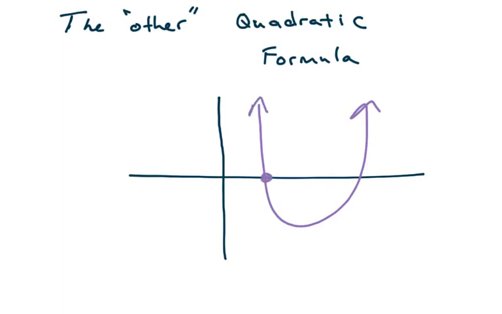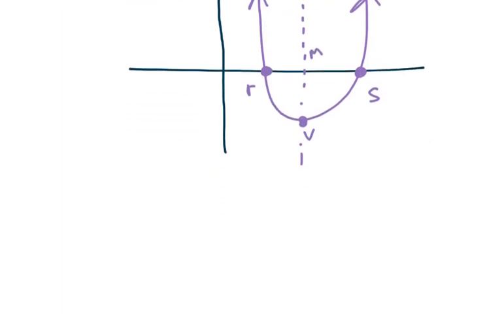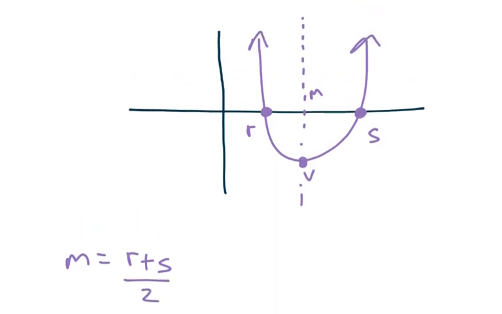And when you solve the quadratic formula, you are getting the zeros, which I'm going to call R and S. So what we know about R and S is if I drop a line going straight down the middle, if this is the vertex, let's call it V for vertex, and it is in the middle of R and S, right? So we know M is nothing more than R plus S divided by 2, right?